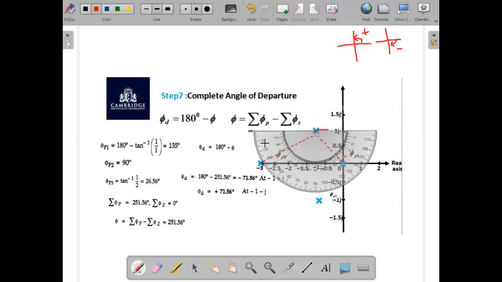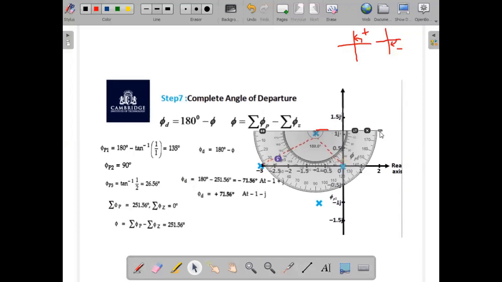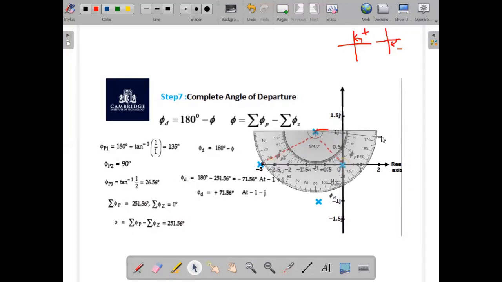From this reference line, 0 degree, we have to mark minus 71.56 degree. So we have to take the clockwise direction if it is a negative degree. So let us take the clockwise direction for marking the negative degree at minus 71.56 degree.